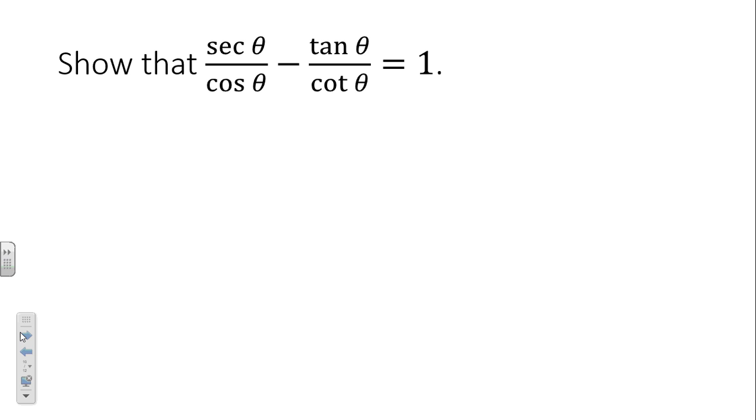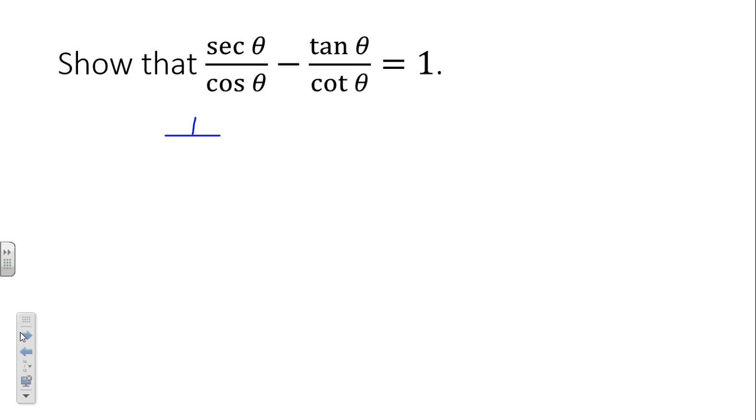So this comes into play when we want to show something like this, using those identities. How can we show that the secant of theta over the cosine of theta minus the tangent of theta over the cotangent of theta is equal to 1? I don't think it's equal to 1. It should be equal to, well, let's see. I have my slide wrong. So first of all, secant is what? Reciprocal of cosine.